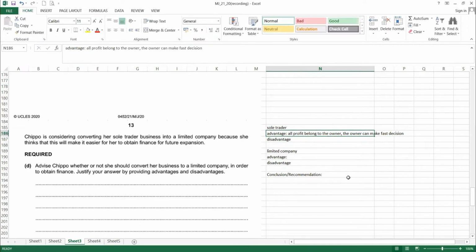And if you want to talk about the business being newly set up, that means easier to set up. But because this business is already ongoing, you don't talk about easier to set up.